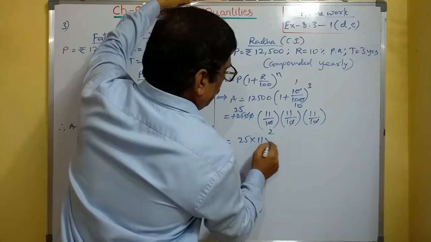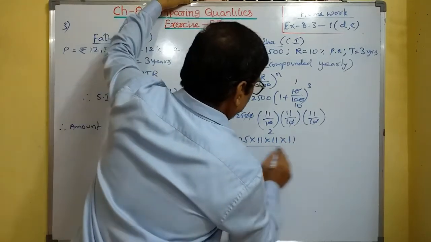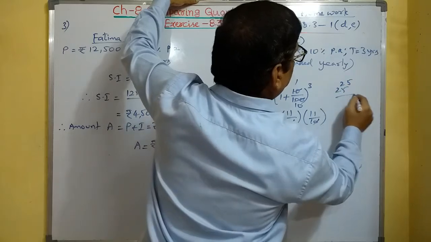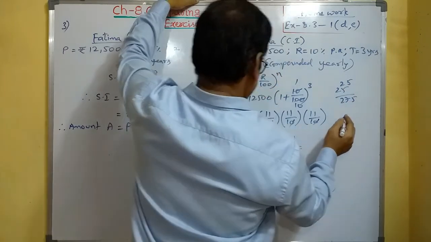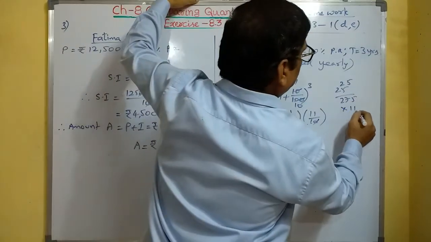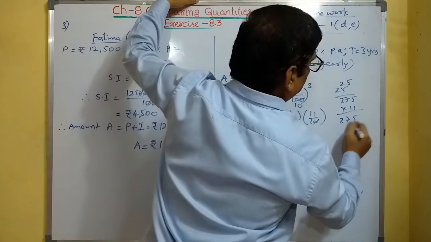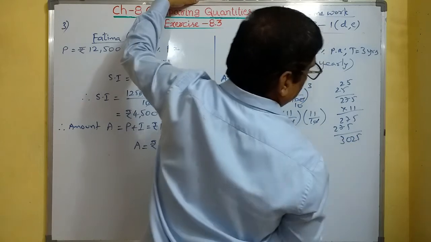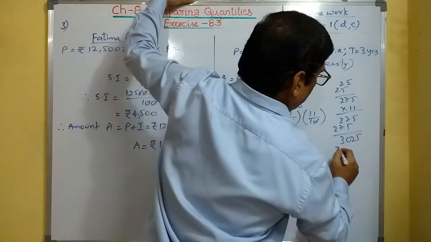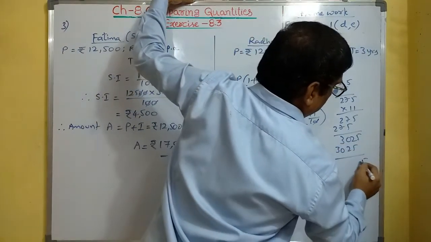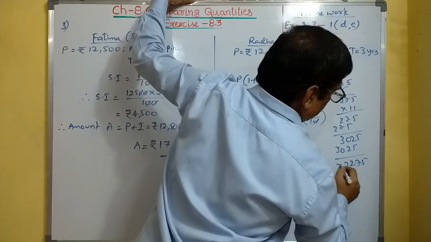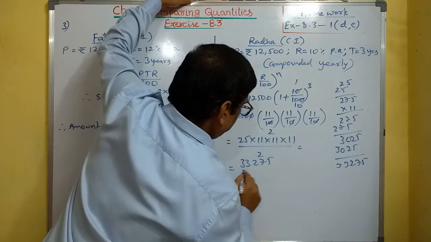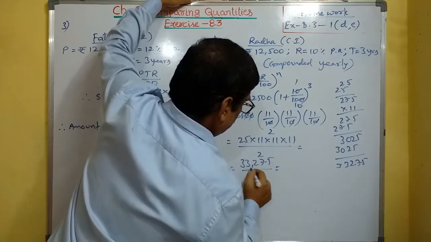So 25 into 11 into 11 into 11 by 2. 25 elevens you get 275, into 11 means 3,025, into 11 again 33,275 by 2.